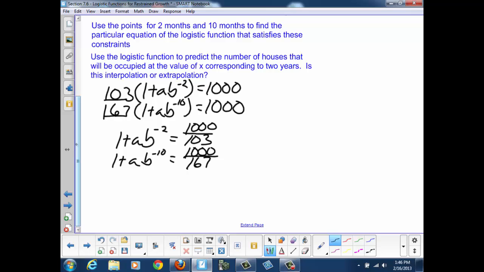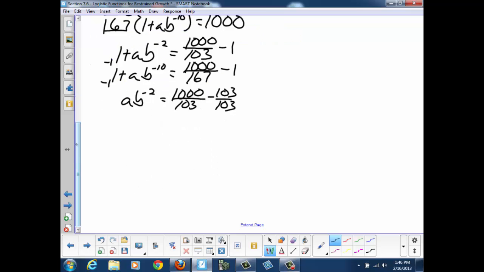Now I'm going to subtract 1 from both sides on both of these equations. So I have ab to the negative 2 equals 1,000 over 103 minus 103 over 103. You can do this with your calculator, but it's always good to practice a little mental math.